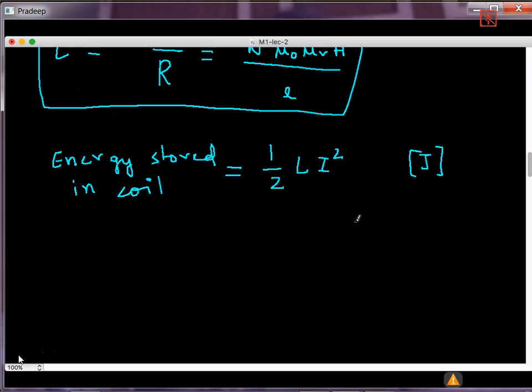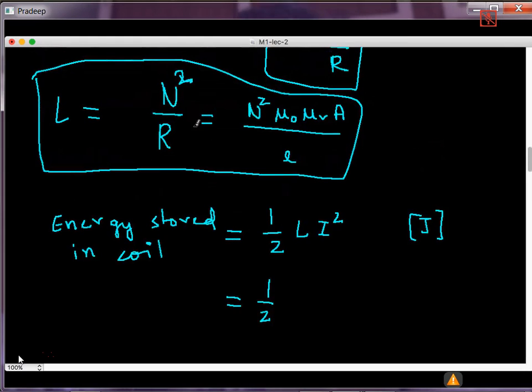I can also change it slightly. In the place of L, I can substitute this quantity n square by r.